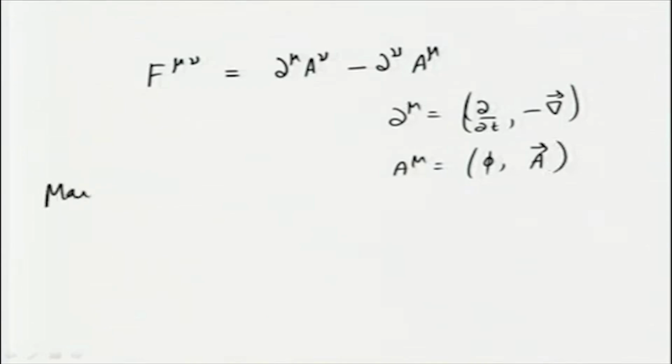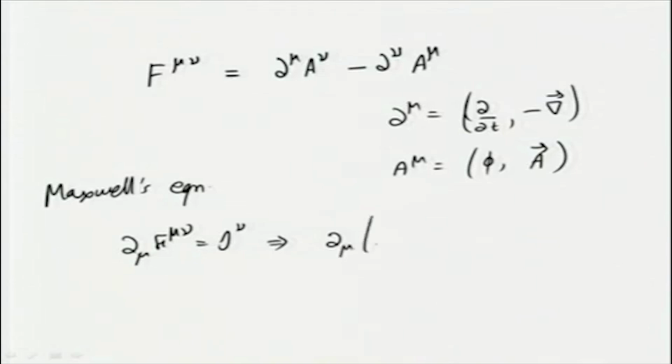What about the Maxwell's equations? Dou mu F mu nu is equal to J nu. So, that will give, taking the derivative of F mu nu written in terms of A nu and A mu, dou mu A nu minus dou nu A mu equal to J nu.